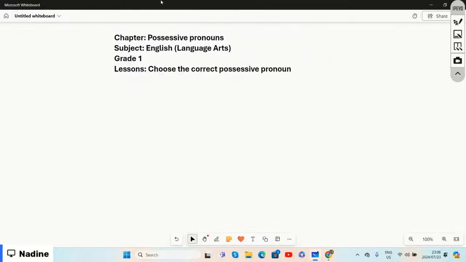And we know that when it comes to possessive pronouns, firstly, a pronoun takes the place of a noun. And possessive means either something that someone owns or something that someone has.